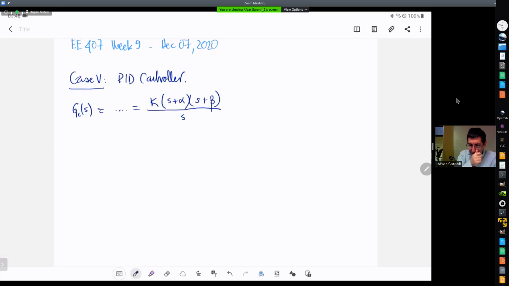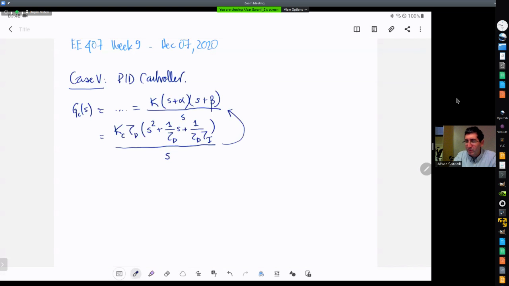Okay, obviously this was actually composed of an expression like this. So in fact alpha and beta were a combination of the actual parameters of the PID controller. Okay, so this was S squared plus 1 over tau d times S, plus 1 over tau d times tau I. So the parameters of the numerator polynomial are a combination of the parameters of the controller.